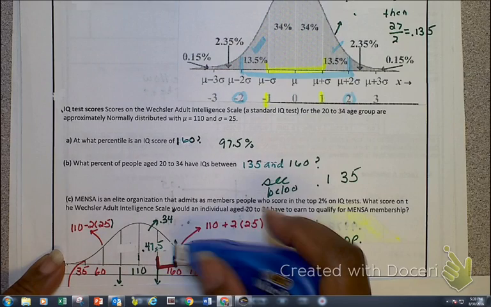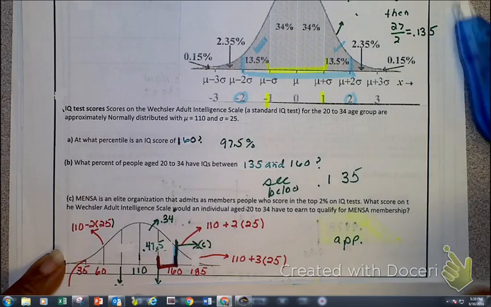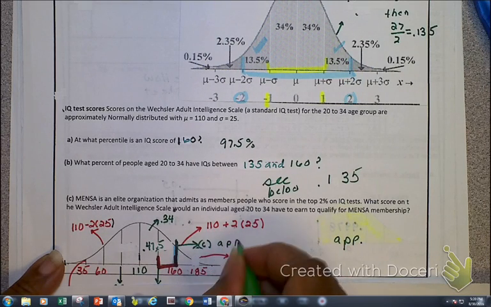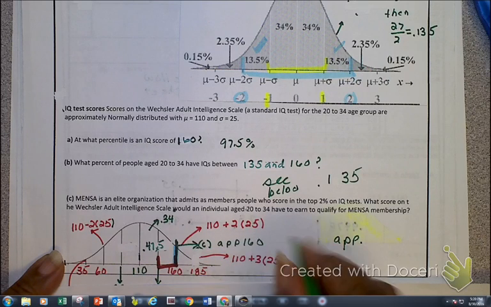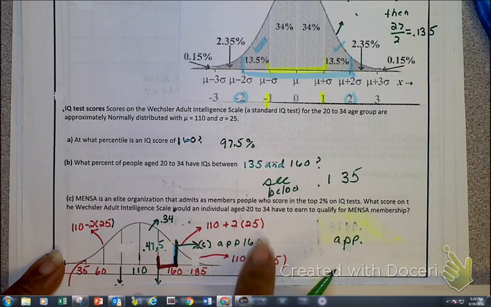But all I can do is approximate, because precision is going to come with the z-score formula. So the answer to C is going to be approximately 160 when they ask you for the score for the top IQ.